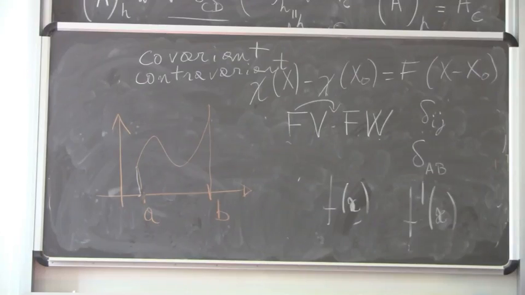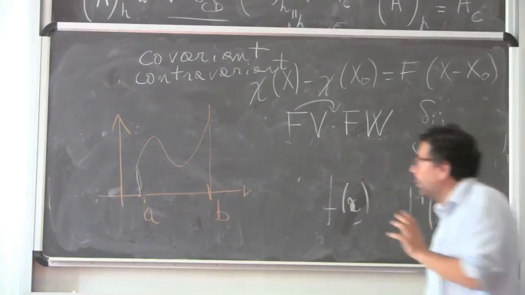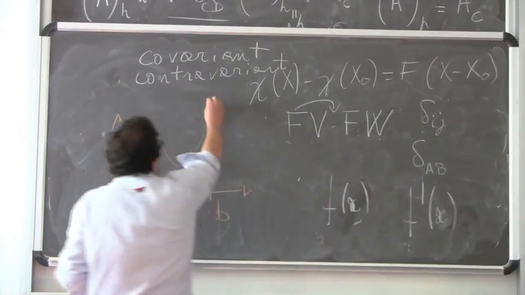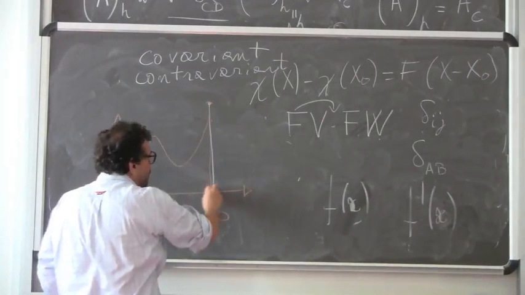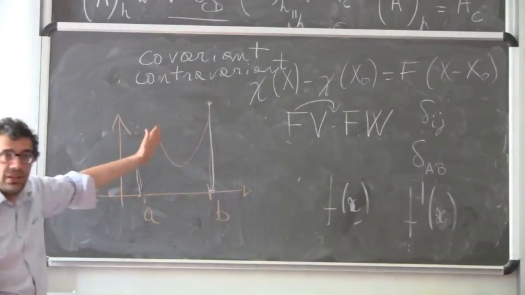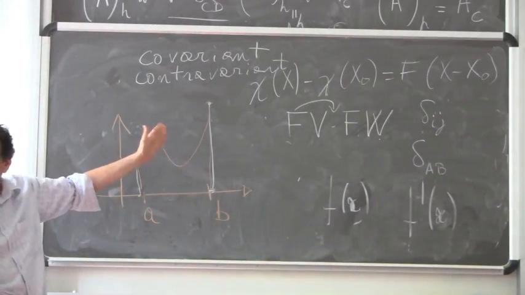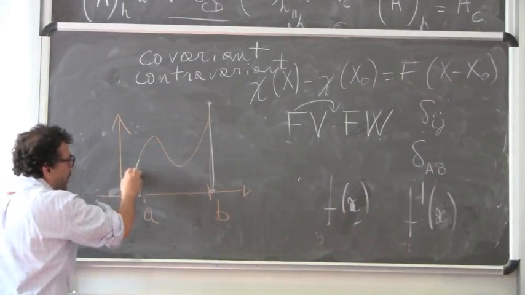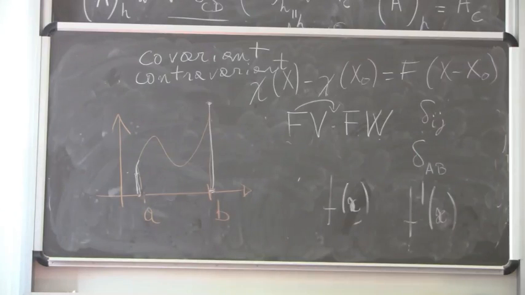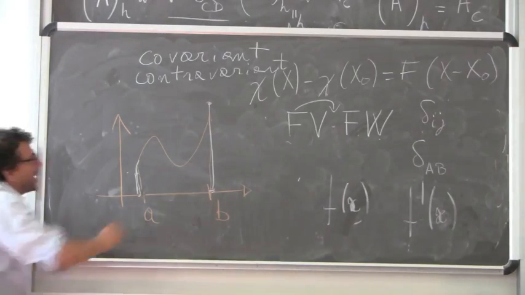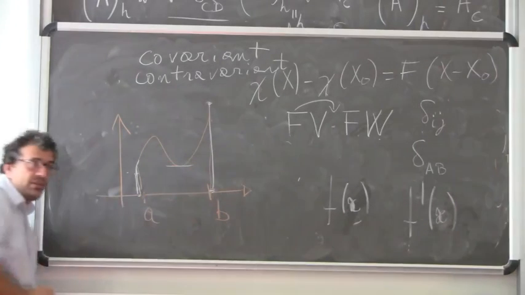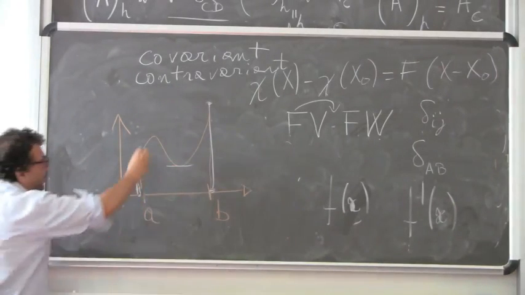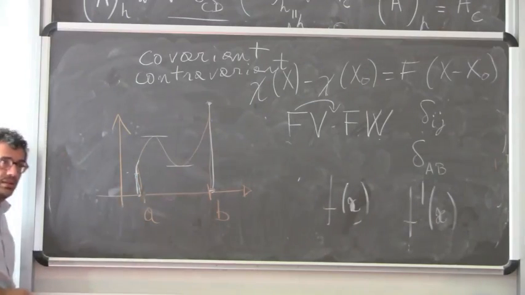Now I want to tell you that this is not exactly true. Why? This is clearly a maximum, and the derivative is not zero. This is clearly a minimum, and the derivative is not zero. Here you have a minimum, and the derivative is zero, and here you have a maximum, and the derivative is zero.